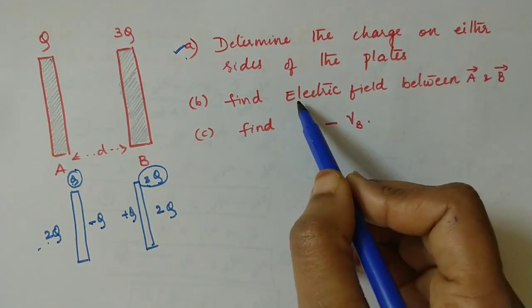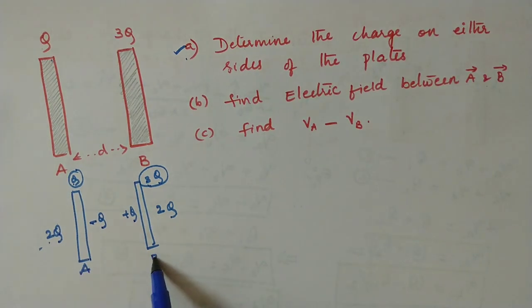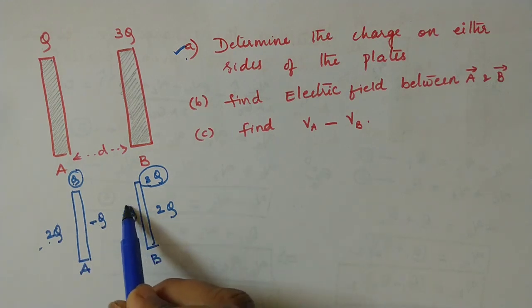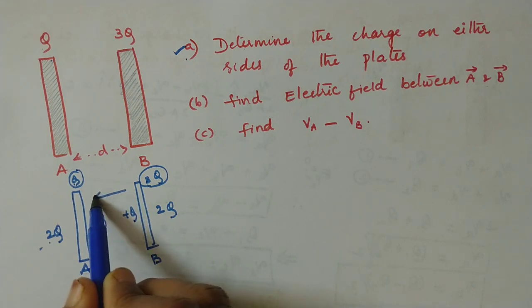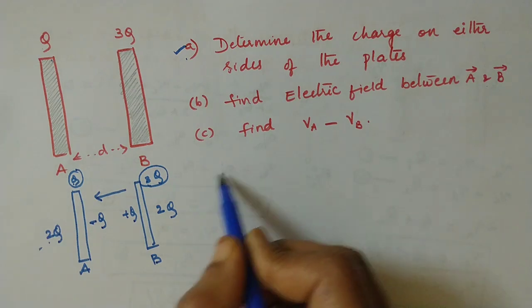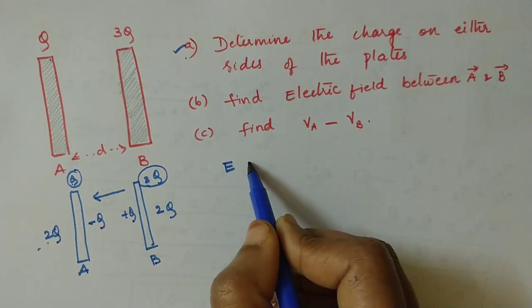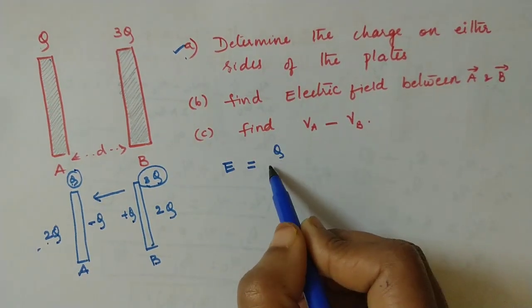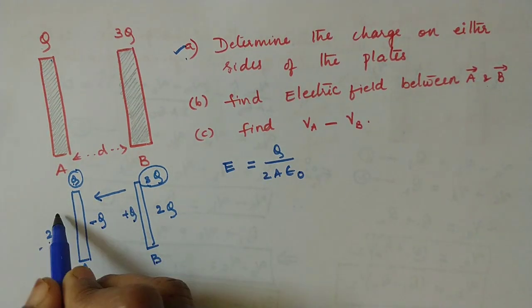Now, find the electric field between A and B. This is plate A and this is plate B. This is having a charge minus Q and here you have a charge plus Q. So there is a field directed from positive to negative. This is the direction of electric field. When you are calculating the electric field in this region, I am writing: electric field is equal to, due to this charge plus Q, Q by 2A epsilon naught directed away.